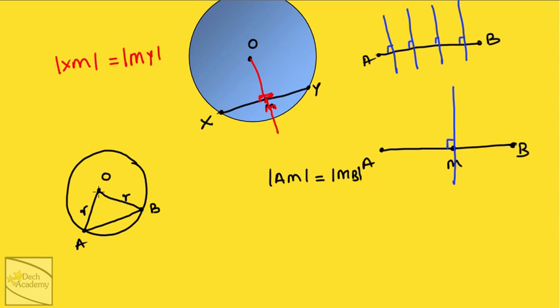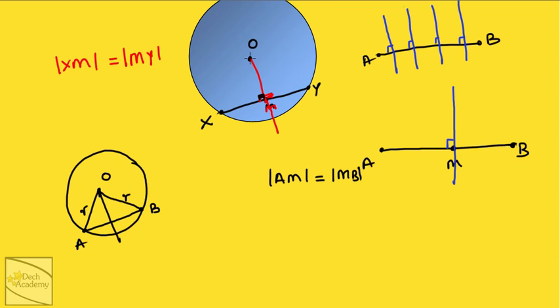Now, if I draw a perpendicular line to AB from the center of the circle, I know that that line bisects AB, because a line from the center of a circle to a chord which passes through the midpoint is perpendicular to the chord.